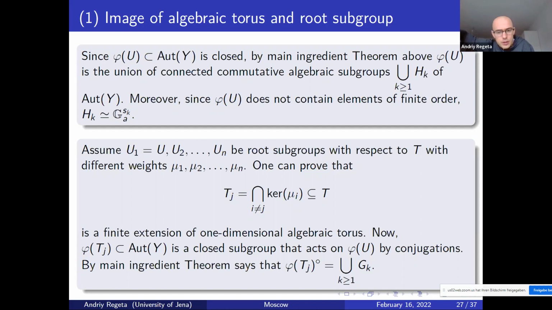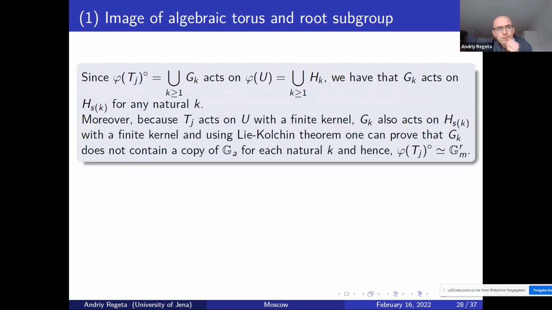Now, what are these algebraic groups? To figure this out, we note first that phi of T_yacht naught acts on phi of u. Well, this is basically because T_yacht acts on u. This implies that phi of T_yacht acts on phi of u, and this implies that phi of T_yacht naught acts on phi of u.